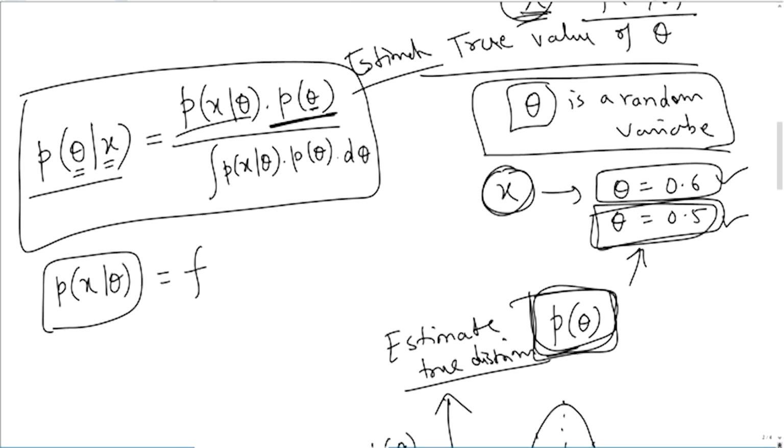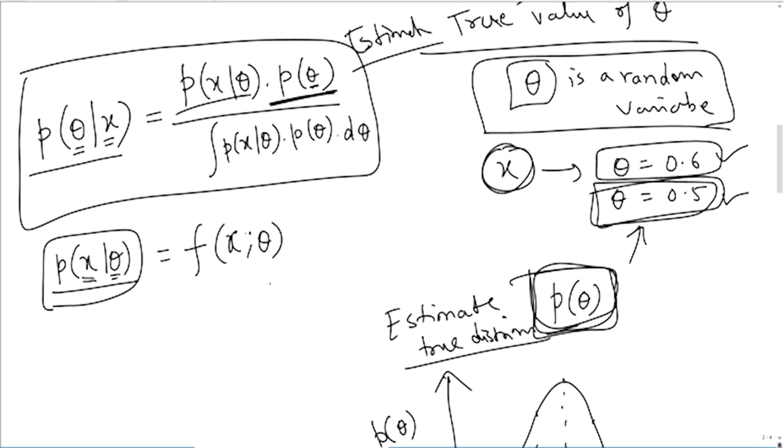So you assumed a probability density function for theta. In order to calculate the probability density of x given some particular value of theta, you will use this function f of x, theta. So what you are calculating here is the value of this probability density function. You're calculating the probability density of x given theta, right?